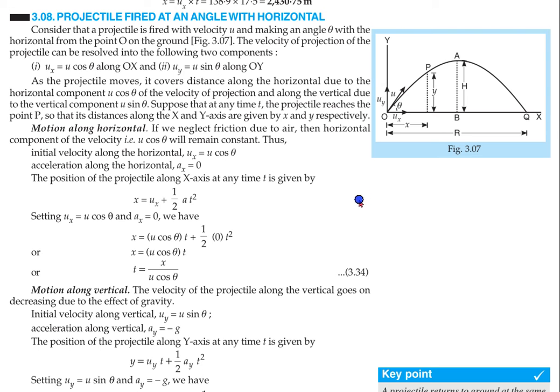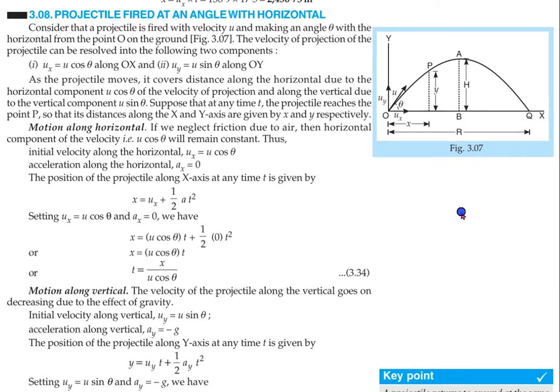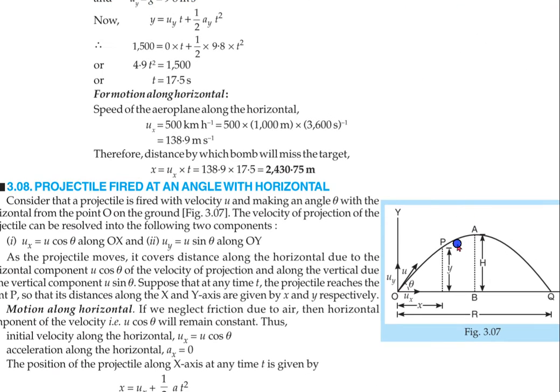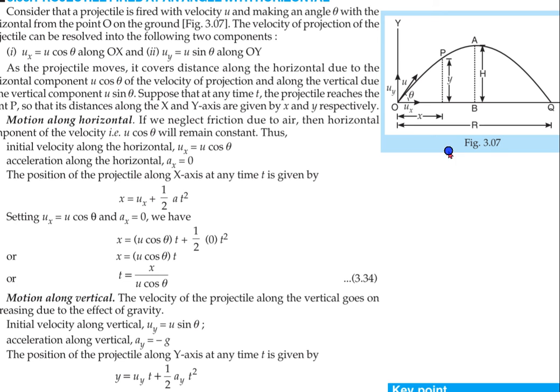Similar to the previous topics, I'll try to derive the equation of motion. Suppose initially the particle is at O here, and that particle is projected or fired upward in this direction.